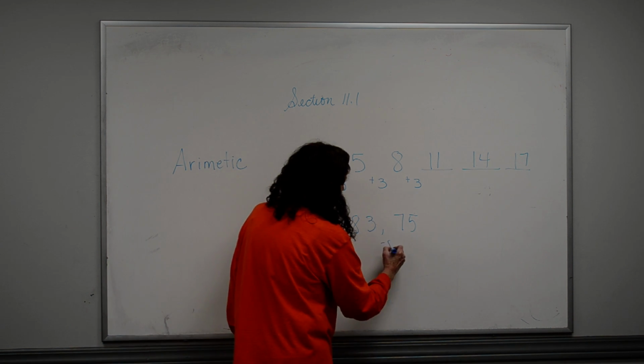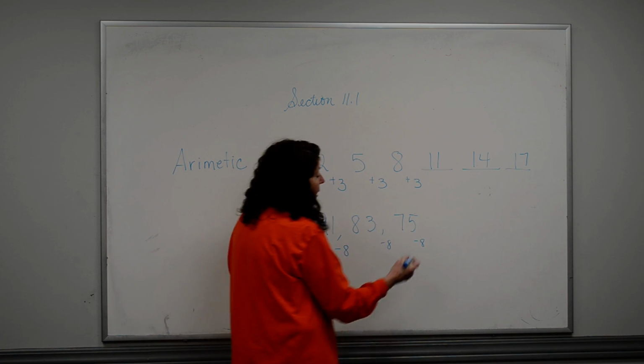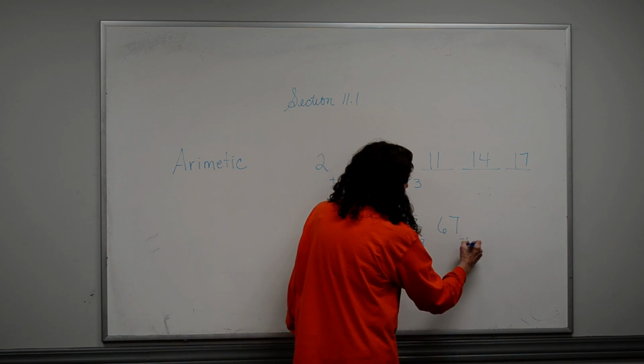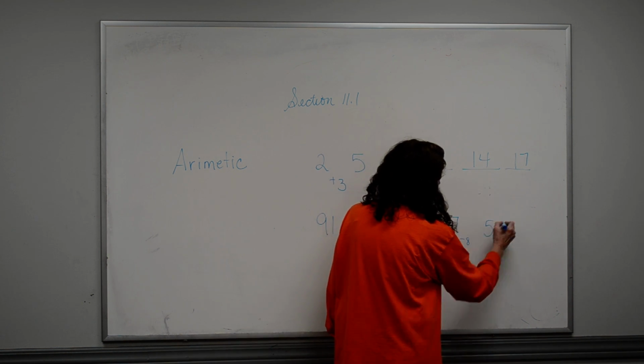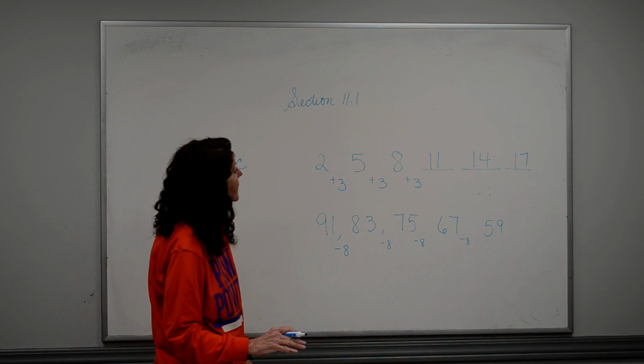And then when I add a -8 here, I get that. So I'd add a -8 there, which would get me to 67, and I would add a -8 there, which will get me to 59, and so forth, depending on how many terms they ask you to find.